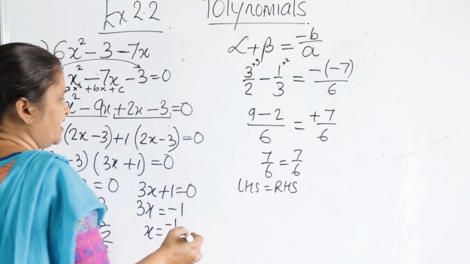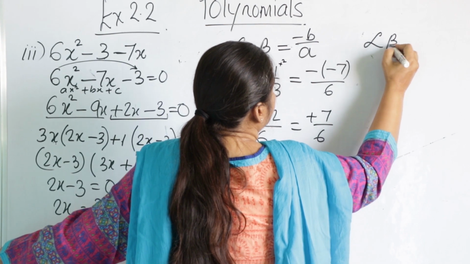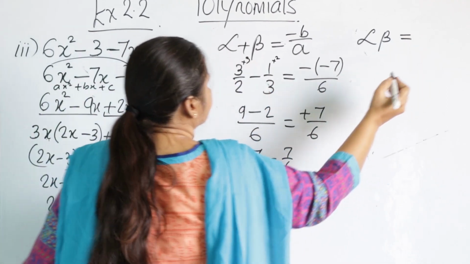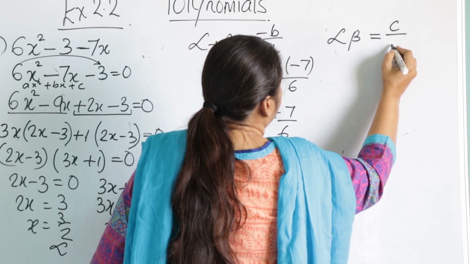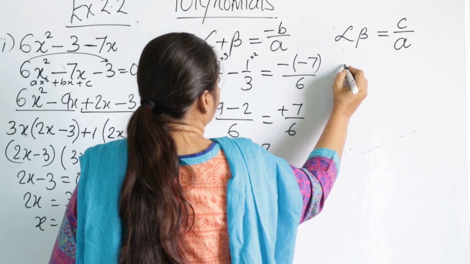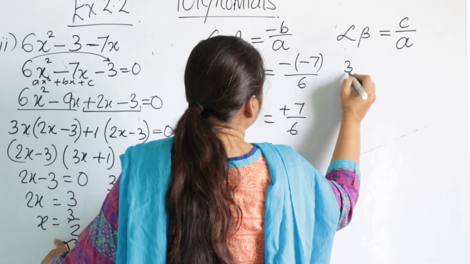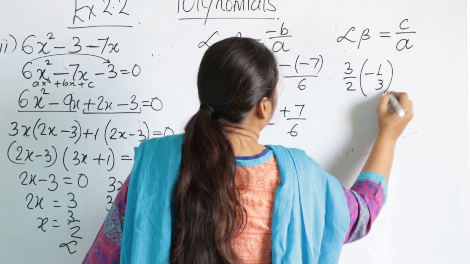Verified. Now let us verify the product of the zeros. Product of the zeros is constant by coefficient of x square. What is alpha? As we have seen before, 3 by 2. What is beta? Minus 1 by 3.